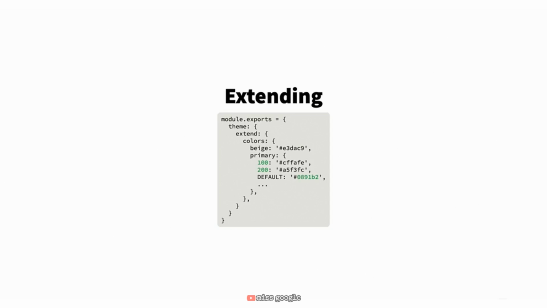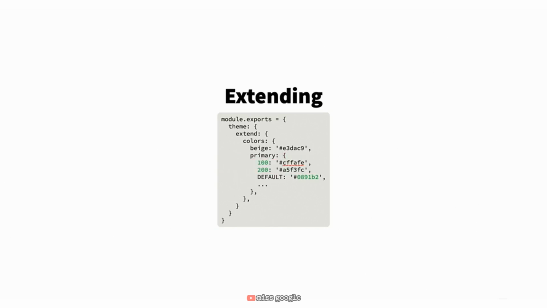So for example, the background colors will have a BG, and in this case we've added a single color here called beige, so you will now have a BG-beige class as well as a text-beige class.